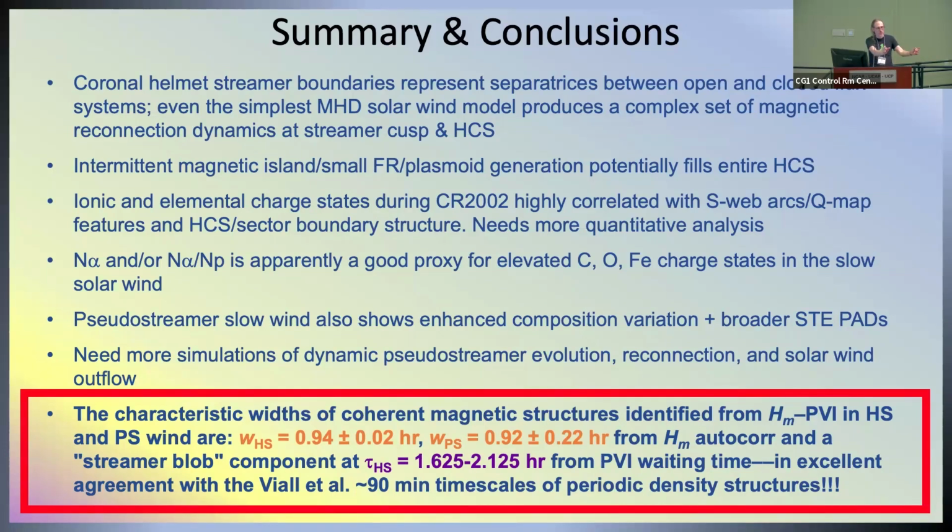I could either have two narrow coronal holes or a pseudostreamer, but in reality, I just have both of those things all the time. So any of those connecting arcs is an S-web. Thanks. I mean, the S-web is kind of the whole thing, but yes, any one of those is an S-web arc, or it's a separatrix. There's a bunch of jargon on the topology terms, but they all sort of mean that. If you can draw the system, you know what's going on, even if a million other people call it different things. Thanks.